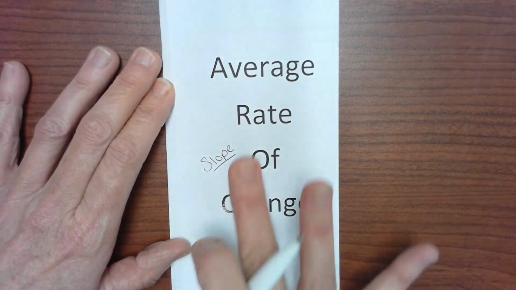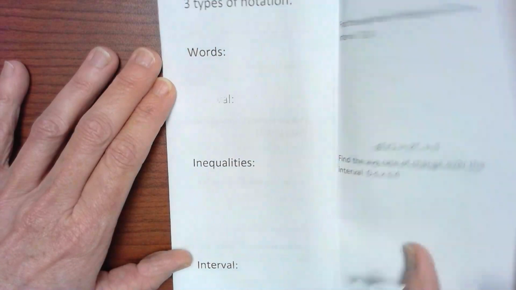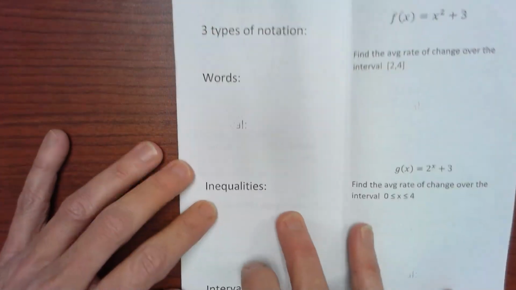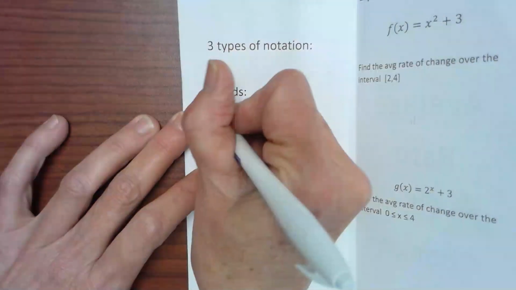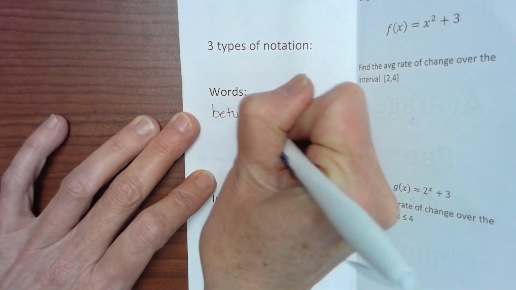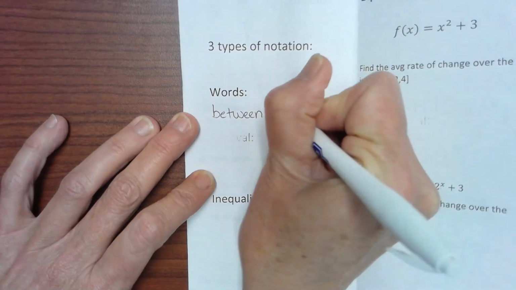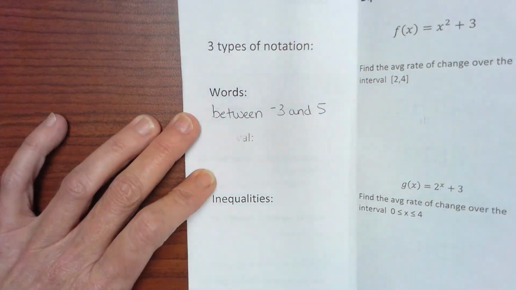Now, in order to find the slope, we use the same formulas, but they have to give us the specific interval over which to find the slope. So, how do they give us the interval? Well, in words, they could say between -3 and 5.